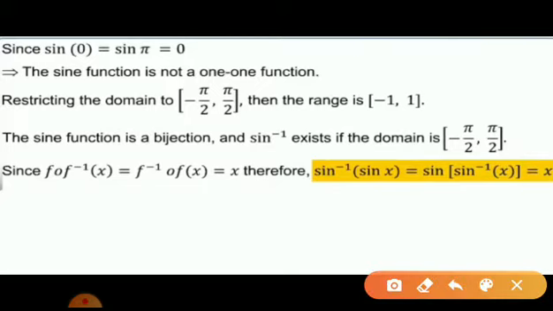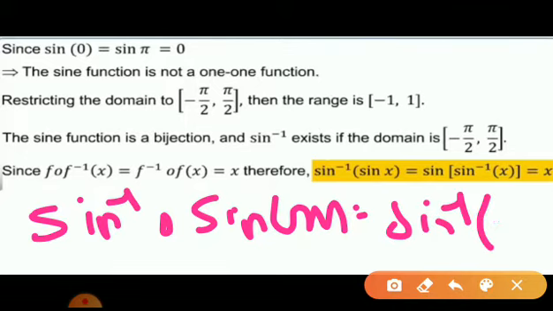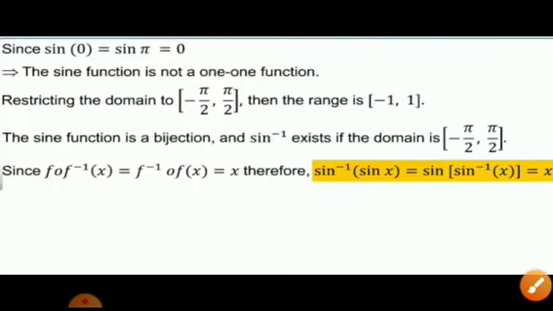Since sine is a bijective function, I will have sine inverse composite sine of x, same as sine composite sine inverse of x, equal to x. So this I can write as sine inverse of sine x, and that will be equal to sine of sine inverse x, and that is equal to x.